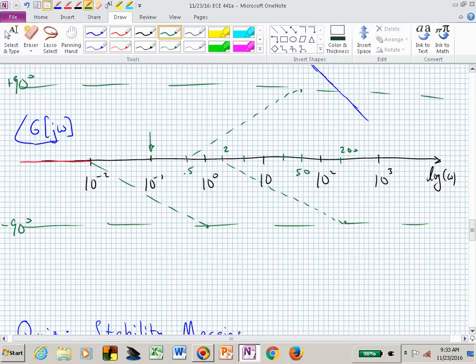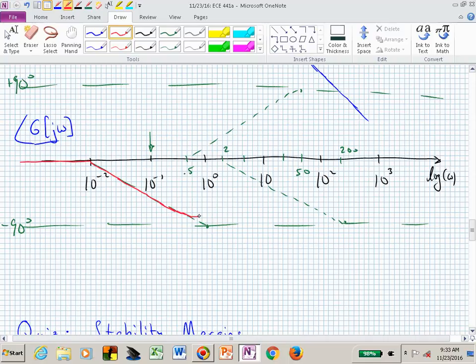Meaning, I look and see how many are active at any one time, and I adjust my slope accordingly. Initially, the only piece that's working is that first pole, and then I get to 0.5, and then it's going down and up by the same amount.